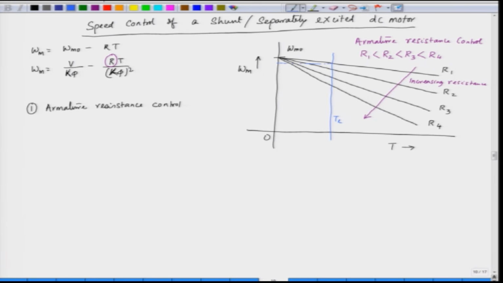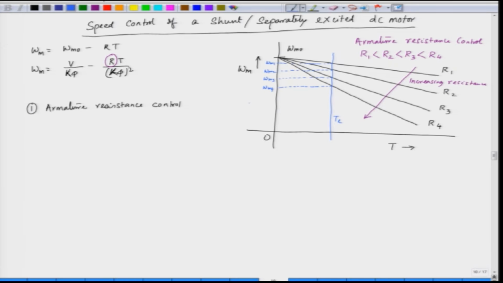When the resistance was changed, the speed changes, and we have the second speed. We increase the resistance again and the speed changes again. So, initially we have omega m 1, then omega m 2, omega m 3 and omega m 4.